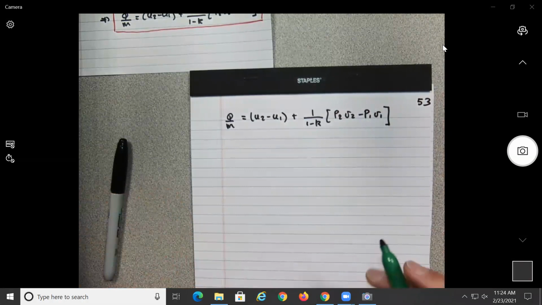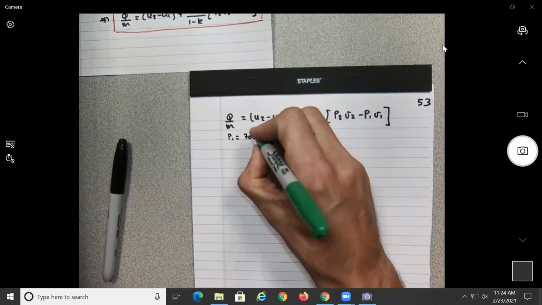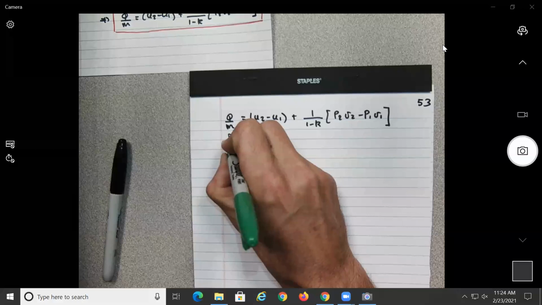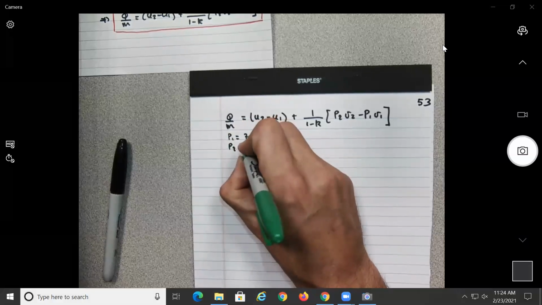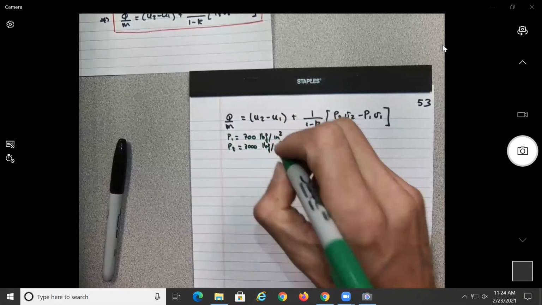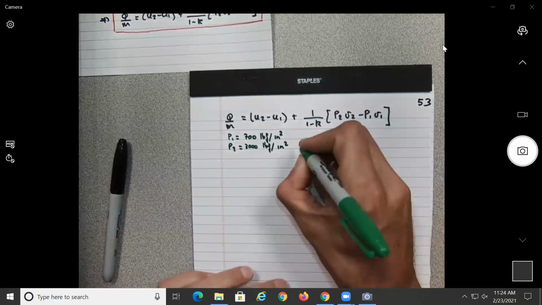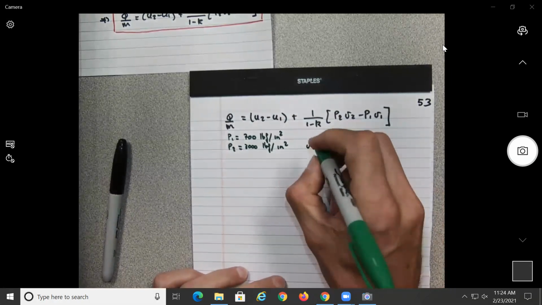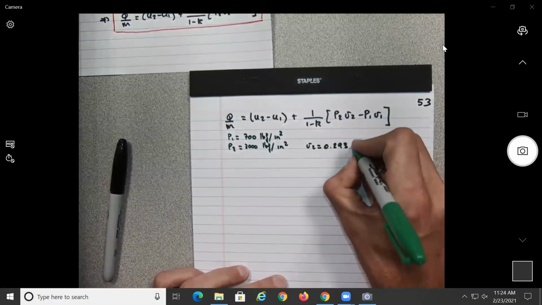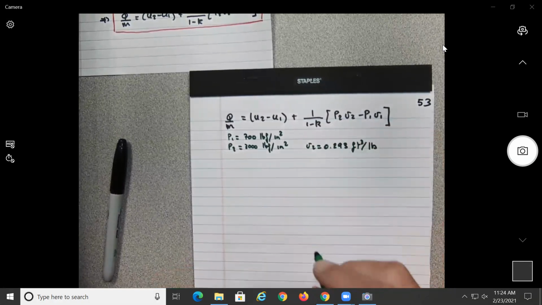So we know that P1 is 700 lbf per square inch. P2 is 3000 lbf per square inch. Then, be careful here, we calculated that V2 is equal to 0.293 cubic feet per pound.